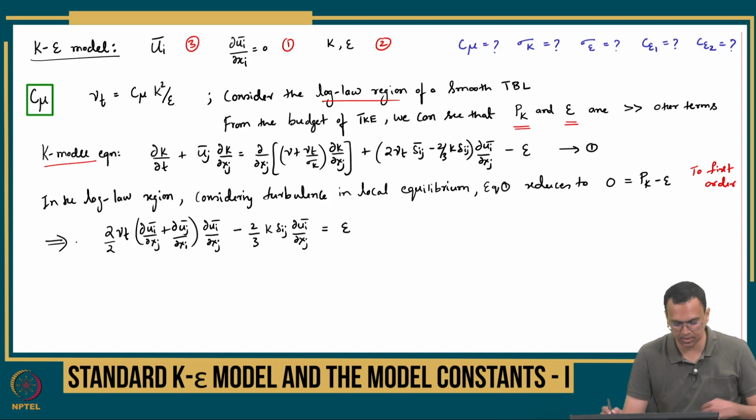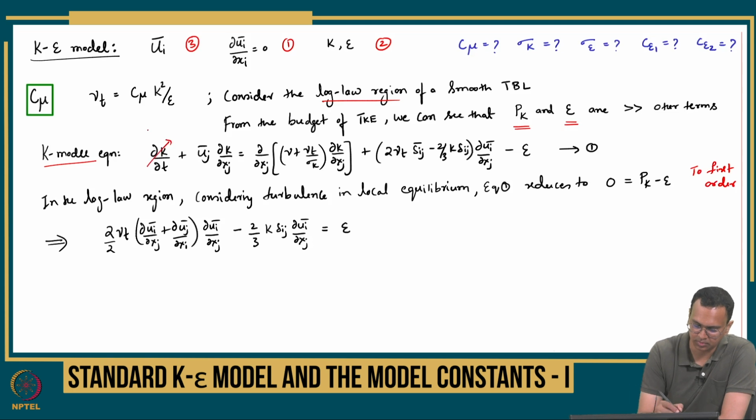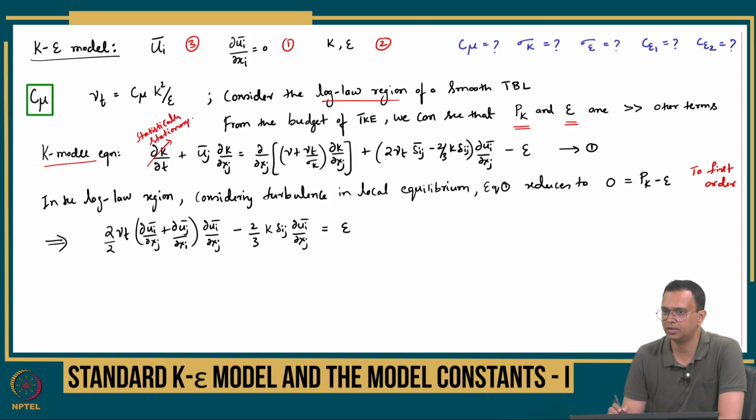So now I'm going to consider the same flow as before, right? We have already seen the data, that is we have used a statistically stationary flow. The data has already been shown for such a problem where the flow has come to a statistically stationary state, and that means this term is gone because it is statistically stationary in a fully developed turbulent plane Couette flow or a turbulent pipe flow and so on, and it was statistically homogeneous also, right?